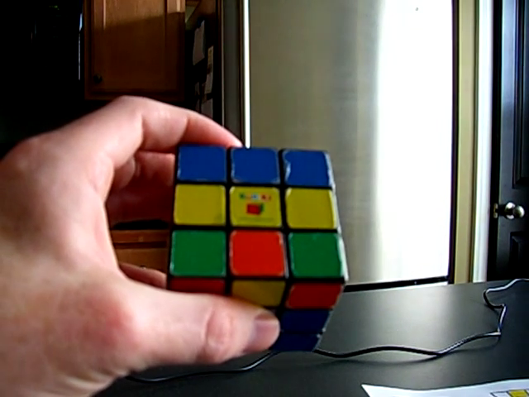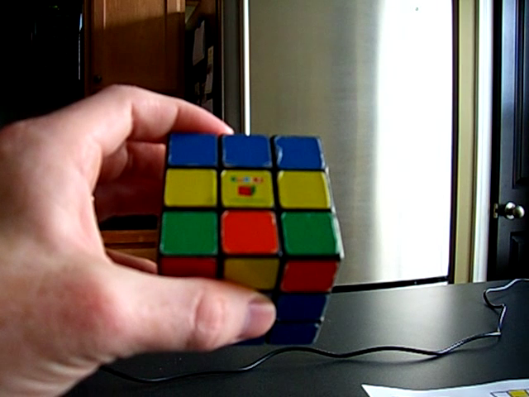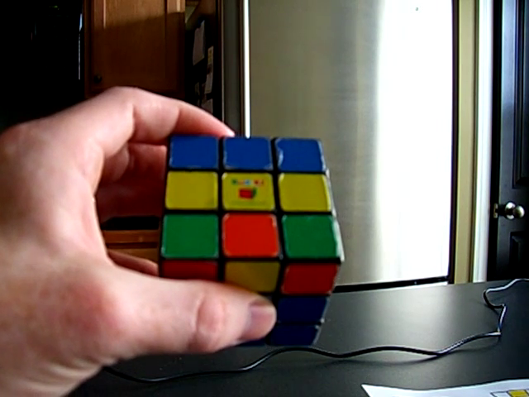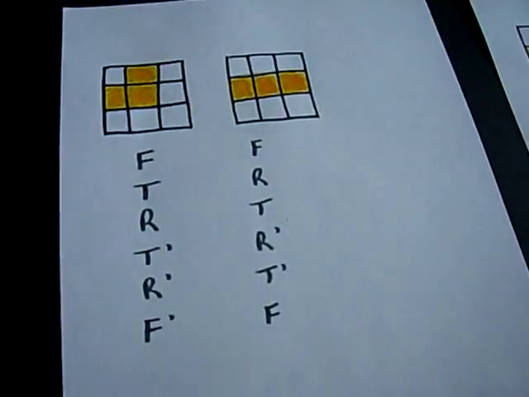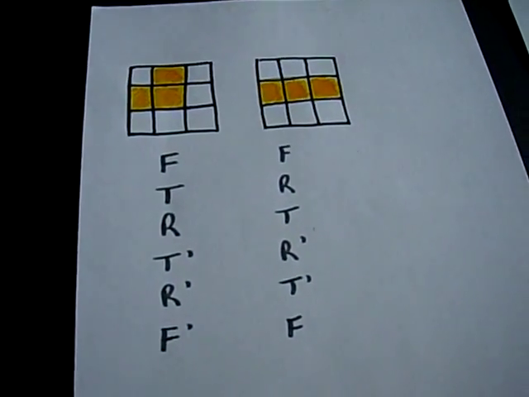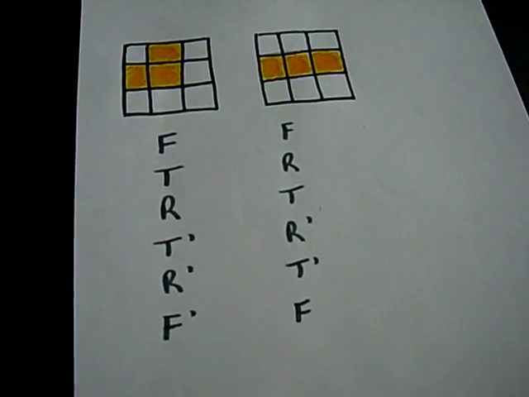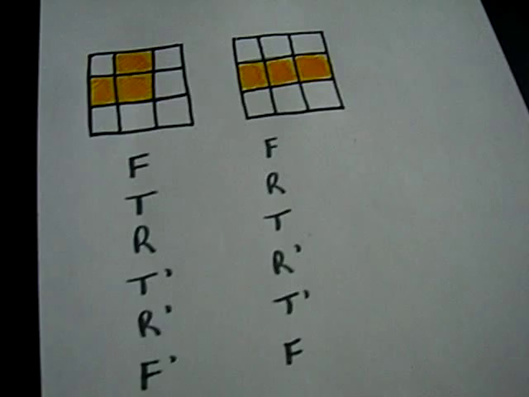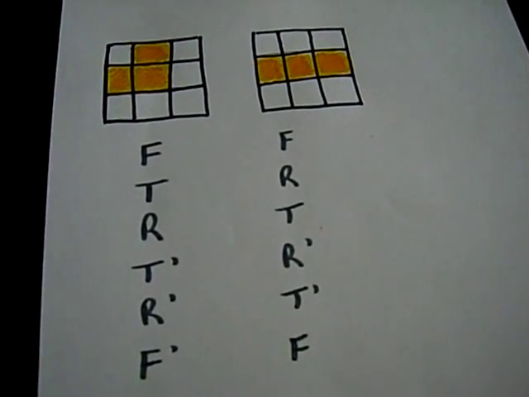Depending on which pattern you get will tell you which algorithm or set of moves to turn to get you to your next step. And I've written those down, and they're right here. There's your bar on the left, and the right, and the L on the left. The letters signify the turns to be made.